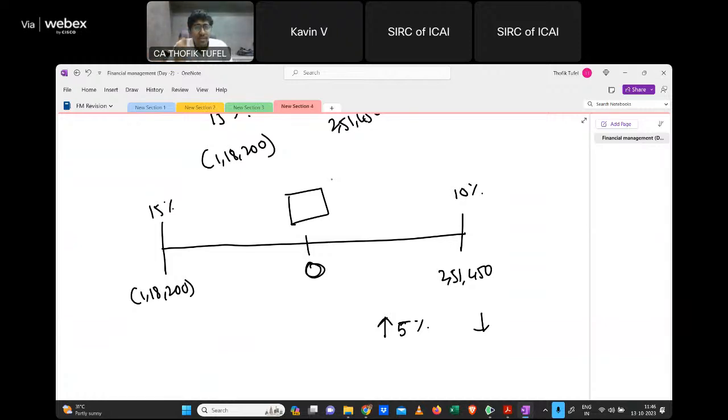Are you all understanding? From 2,51,450 to negative 1,18,200, the amount of reduction is 3,69,650, correct?